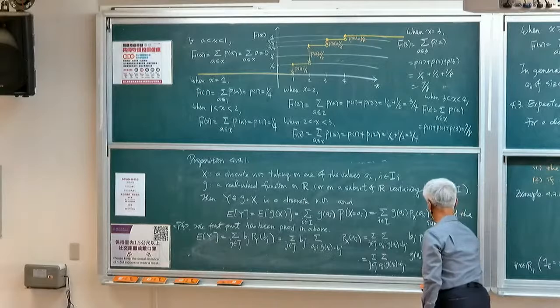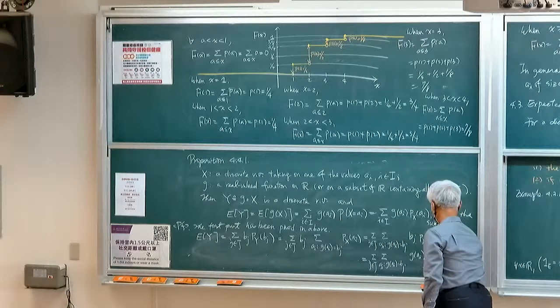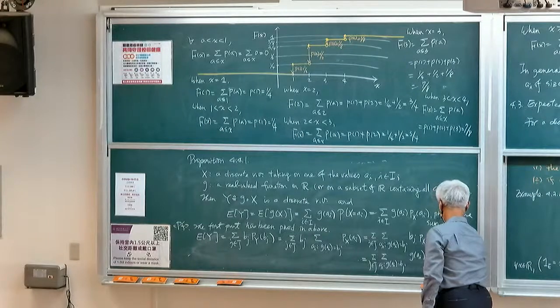Finally, the sum over I in the index set of G of AI times P of X AI.